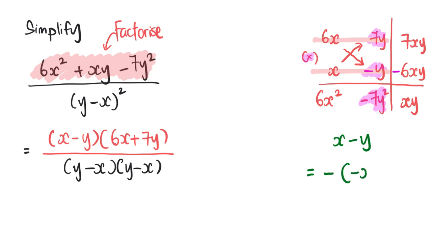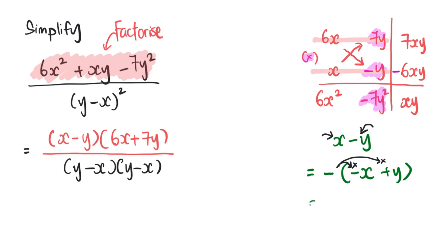I will get negative x, positive y. Why does this happen? Because if I expand out, negative times negative does give me back my positive x. Negative times positive does give me back my negative y.